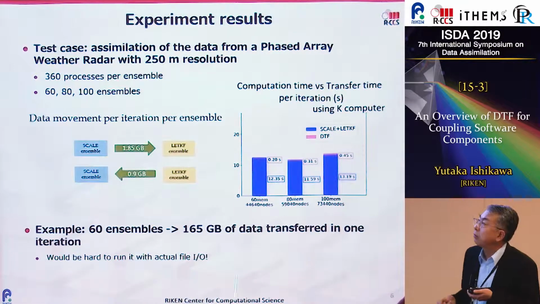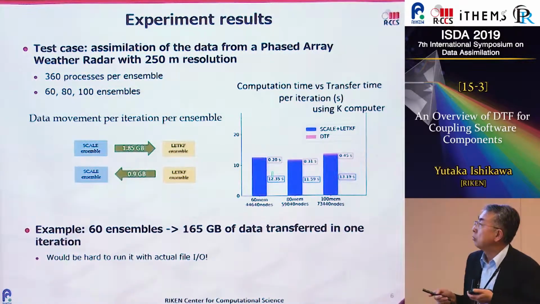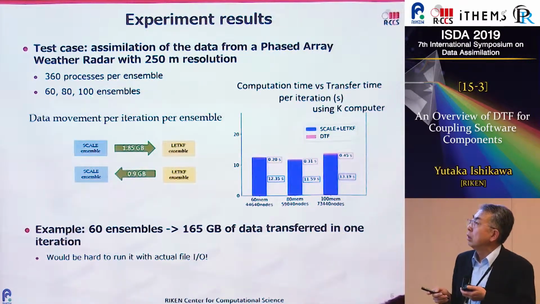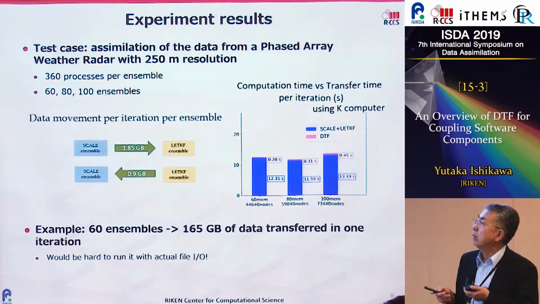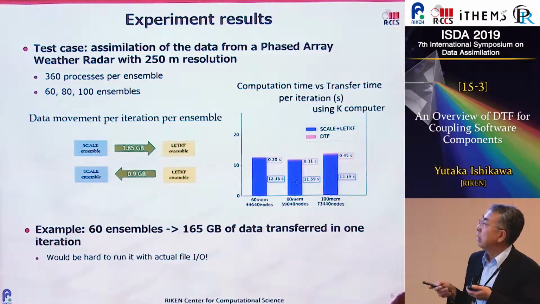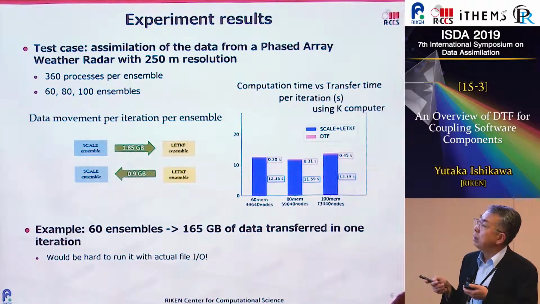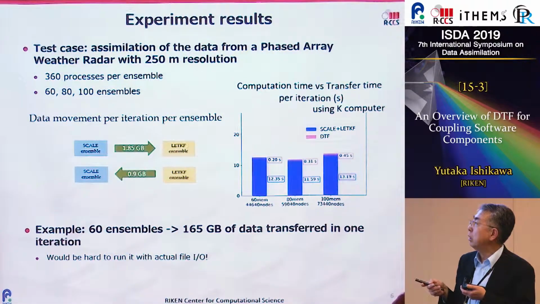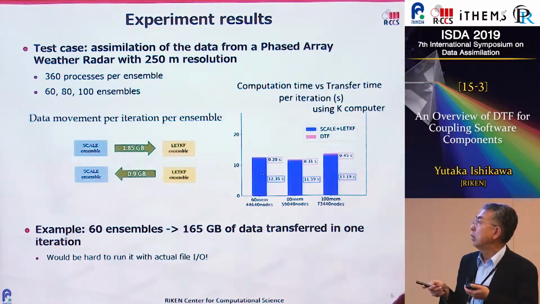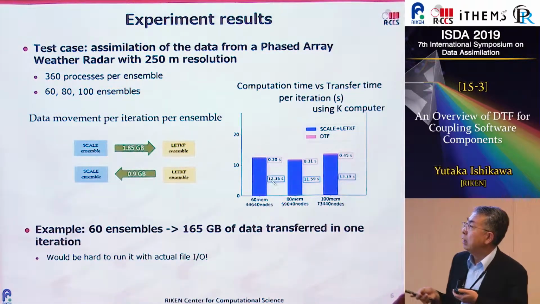This is the result. We ran up to 100 ensembles, and here is the result using the K computer. DTF consumes less than 1 second, and most of the execution time is for SCALE and LETKF.